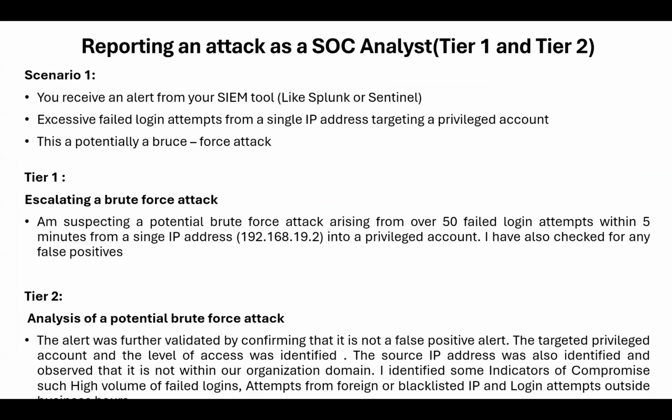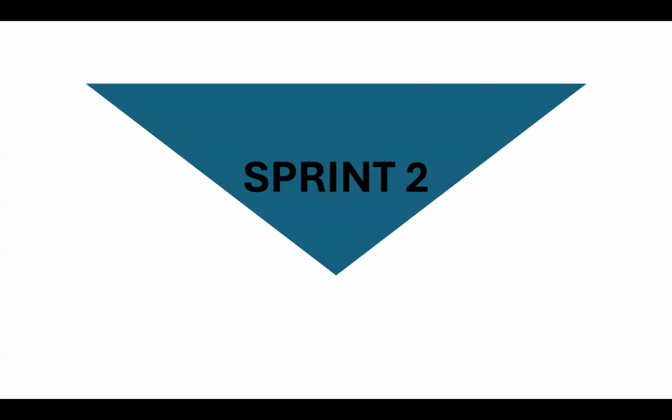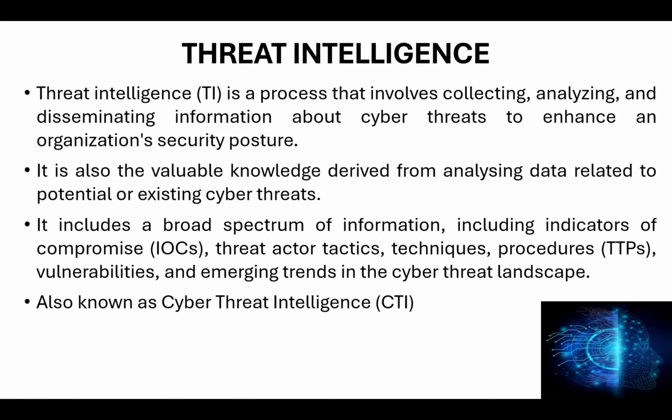We were given a task to report an attack as a SOC analyst, being in the position of the 4-tier structure: tier 1, tier 2, tier 3, and the SOC manager, just for us to know how to escalate any form of attack. One of the attacks that we escalated was a brute force attack.